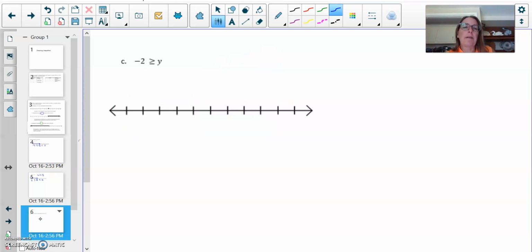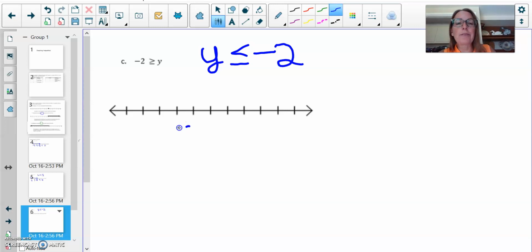Our next example, -2 is greater than or equal to y. Again, I would rewrite this with the variable written first because it helps me with my graph. So I would rewrite it as saying y is less than or equal to -2.